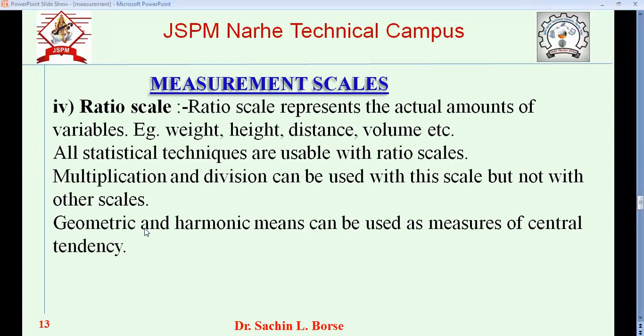The ratio scale represents the actual amount of a variable where absolute zero is known. Like for weight, nothing there means zero. When something is there, it will have some weight. Similarly height, length, distance, volume, like this. The ratio scale is a very famous scale in science and engineering. They generally take the absolute zero value in the scale.